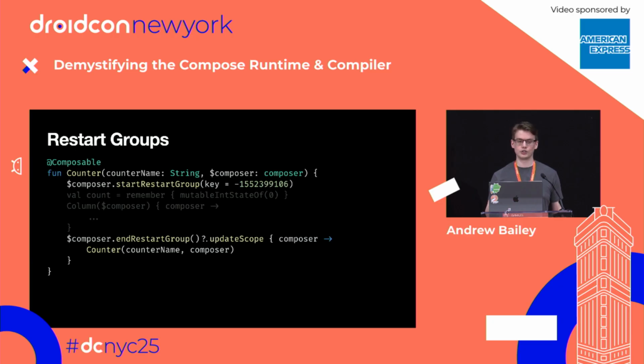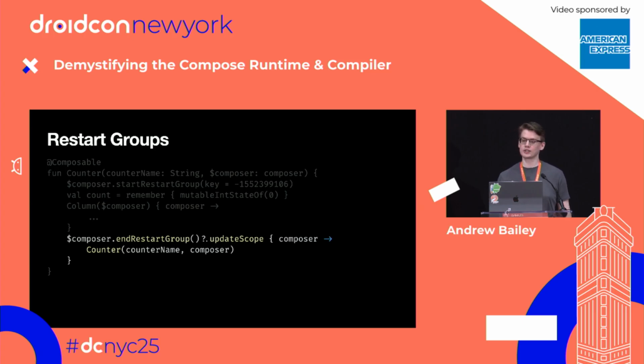We will add all of the content to it, and all of the snapshot reads that happen inside of this restartable group get associated with the restart scope that we are creating here. At the very end, we call end restart scope, and we pass in this lambda expression to give the runtime a way to call this function again. We literally pass in a lambda expression that bootstraps back into the composable function itself.